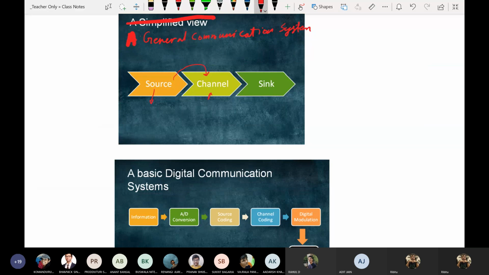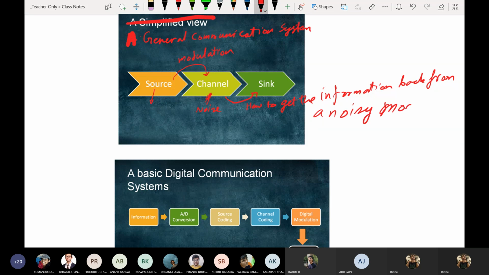We have considered the errors produced by the channel noise. And we have talked about how to get the information back from a noisy modulated signal. Right. This is what we have covered.